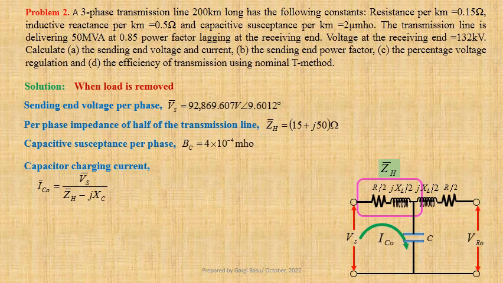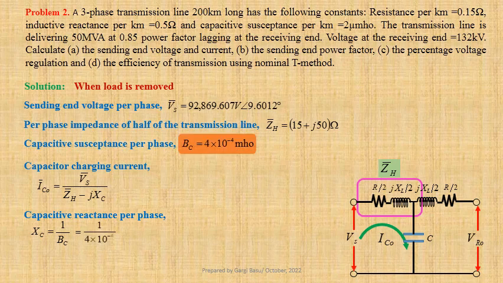Let us now calculate capacitive reactance per phase XC equals to 1 upon BC, that is equal to 1 upon 4 into 10 to the power minus 4, that gives us 2500 ohm.